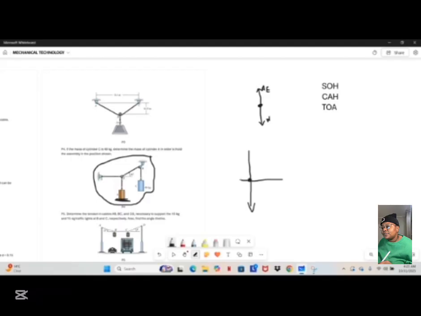Here we have the C component, which is going to be BE cos of theta, and then we have the BE sine of theta, and then we have DE.